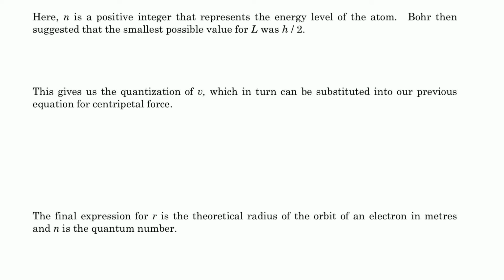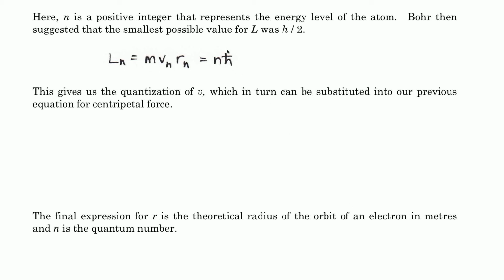So here n is a positive integer that represents the energy level of an atom, just like what Planck said. So Bohr also suggested that the smallest possible value for L, for the angular momentum, was h over 2. So he suggested that. So here is what we get. We get that Ln, the quantized angular momentum, is equal to n h bar.